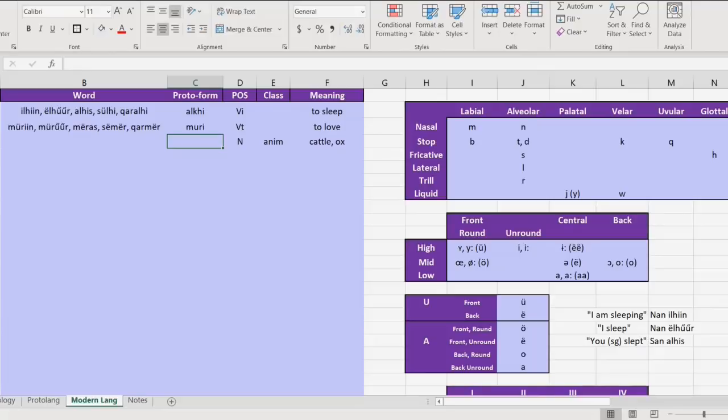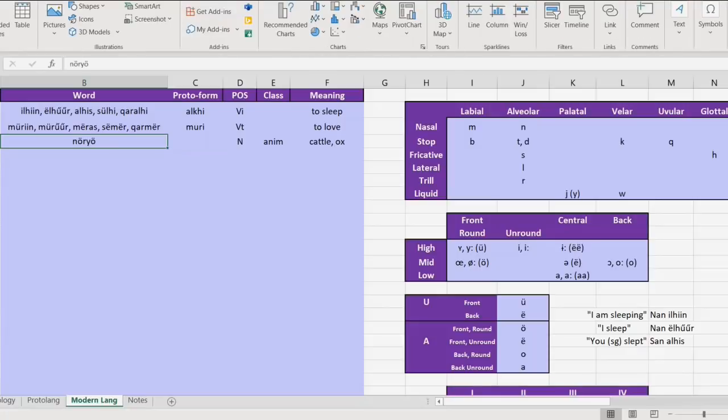I can't remember if I've said this yet, but this culture is living in an area that's kind of broadly similar to Northern Europe, a sort of subalpine tundra-ish kind of environment. So what's a good word for ox? I'm thinking something along the lines of Nurje, or something like that.